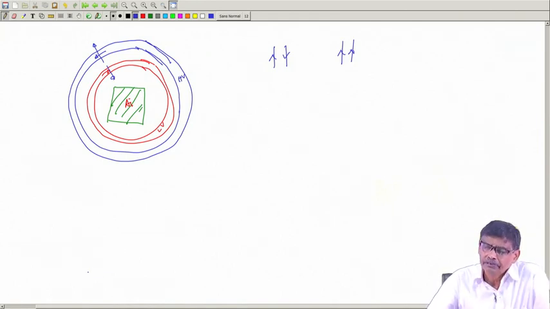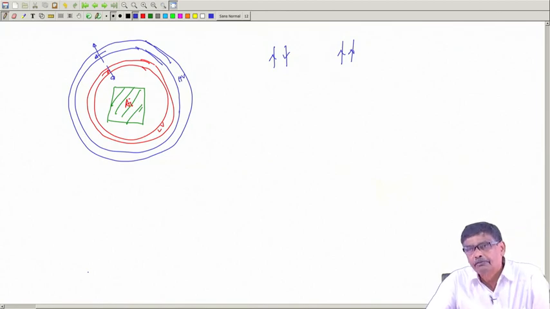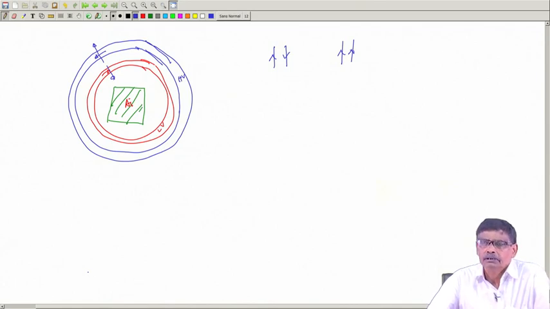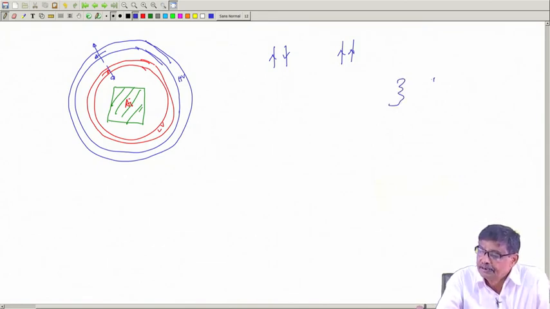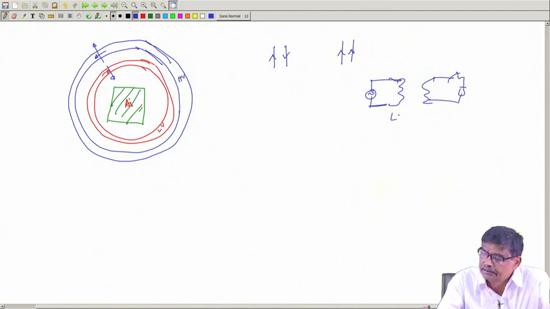Another last point I will make. Sometimes what happens in transformers, if you load the transformer, because of regulation voltage decreases. See, you load the transformer, okay? Connect the load. We have seen that this is suppose LV side, this is suppose HV side.